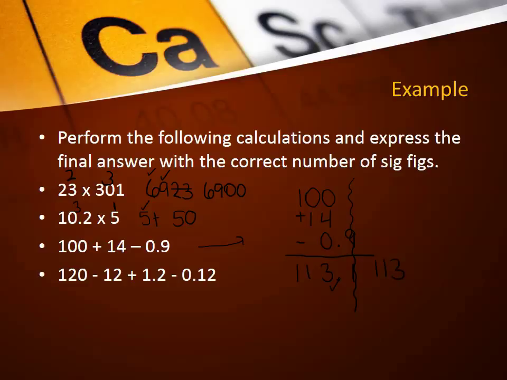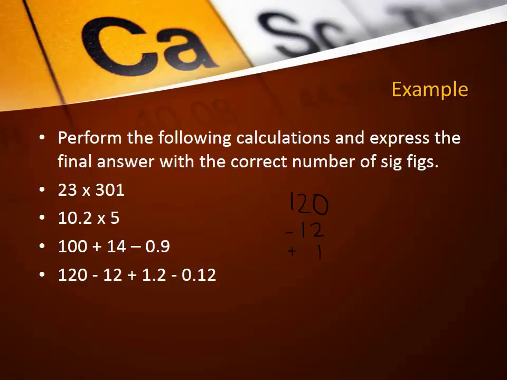For 120 minus 12, I'm going to erase these answers. So you get 120 minus 12 plus 1.2 minus 0.12.